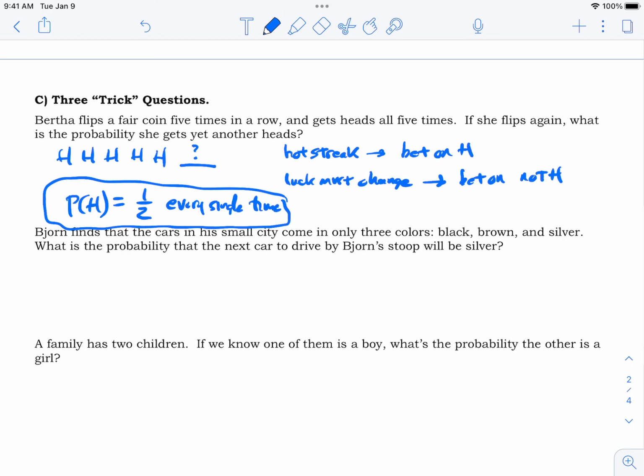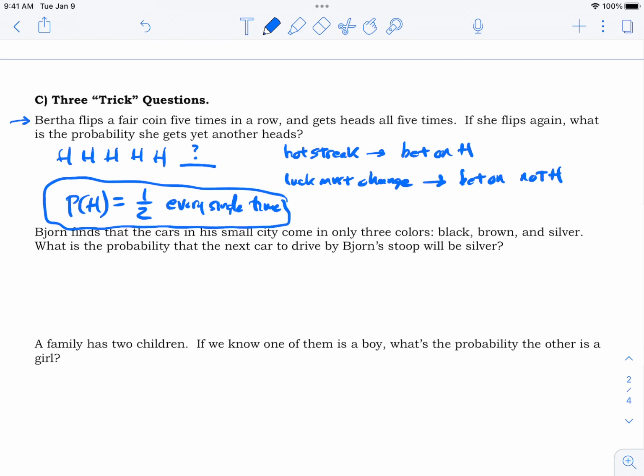Now, I admit, getting 5 in a row, it's not going to happen very often, but it's kind of like a given. It's like, well, we happen to be in one of those very special situations where Bertha has flipped 5 in a row. It's like, what are you going to do? It's happened. Wow, that's crazy. Do it again. Well, it's probably not going to happen if you try it again right now, right? So just because she's got 5 in a row, that doesn't tell you anything about the next flip.